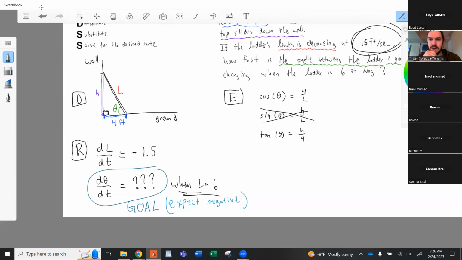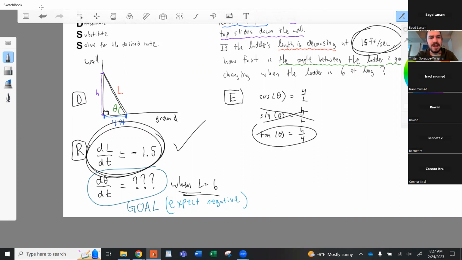What about cosine versus tangent? Would we want to rule out tangent because it doesn't contain the L, and the L is the one we know something about? So let's use the one we know about. This is a valid relationship.